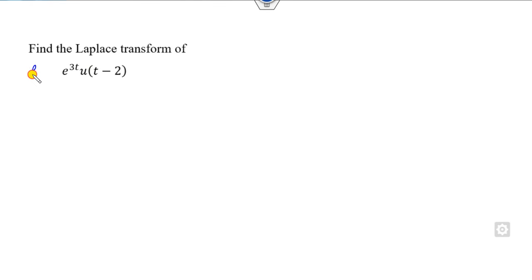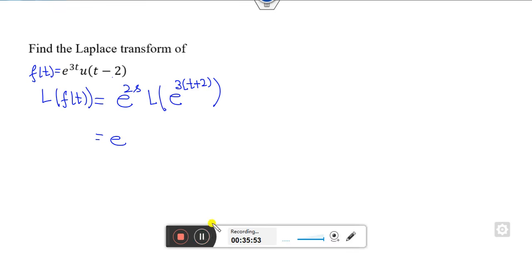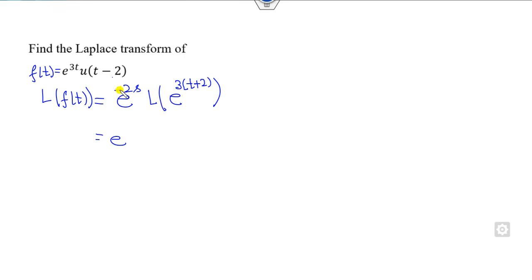Again, it's already given to you, so I can directly apply the Laplace transformation. What is the Laplace of this? A will be 2, fine, and I can replace small t with t plus 2. So this is e raised to power minus 2s.